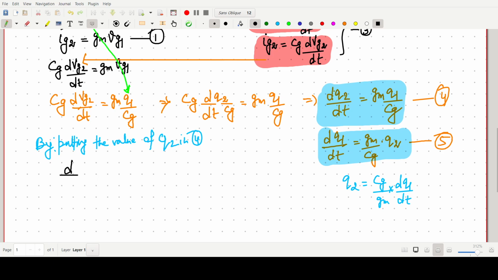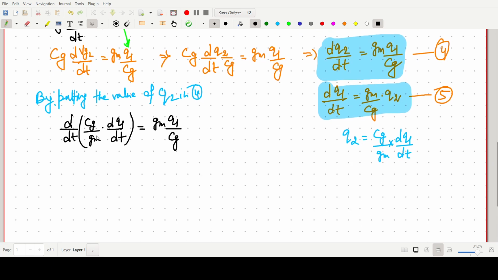Means we can write d by dt of Cg by Gm into dQ1 by dt equals Gm Q1 by Cg. If we take this Cg out, Cg by Gm, this can be written as d2Q1 by dt squared.